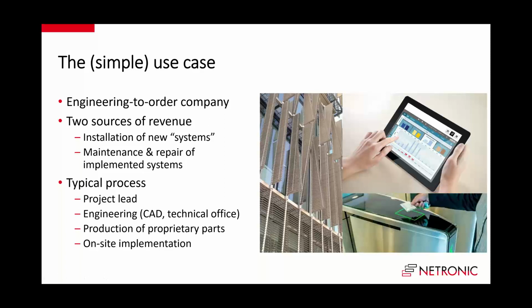But again, for a complex building, the building automation system is quite unique. So these engineering to order companies engineer something to an order, so every job they do is pretty unique. Typically they have two sources of revenue. That's the installation of new systems, and then once they're installed, they maintain and repair them, which is their second revenue stream, also from time to time becoming quite important these days.